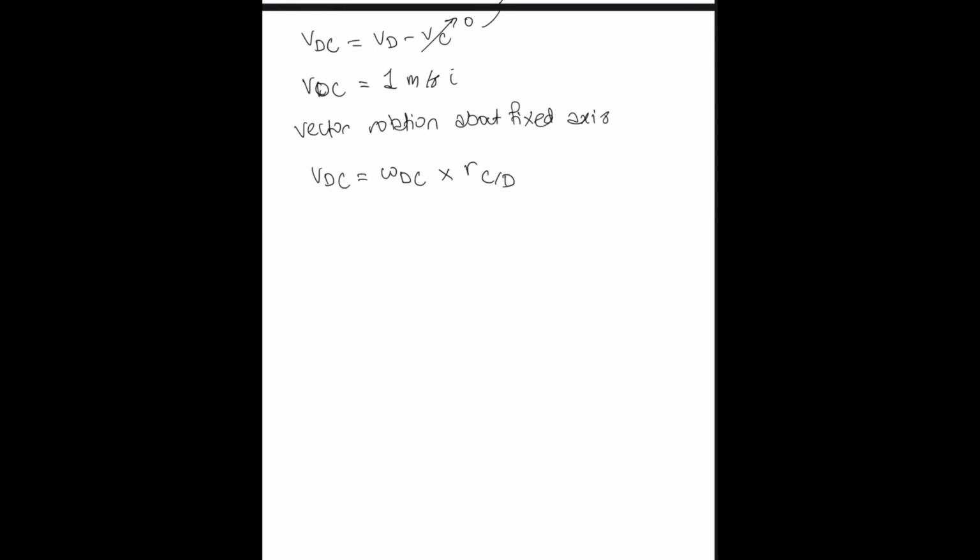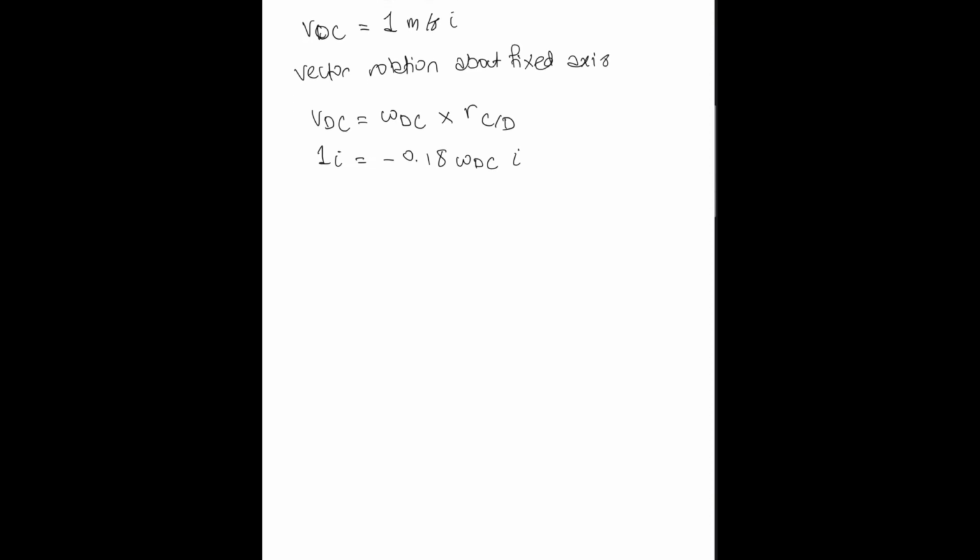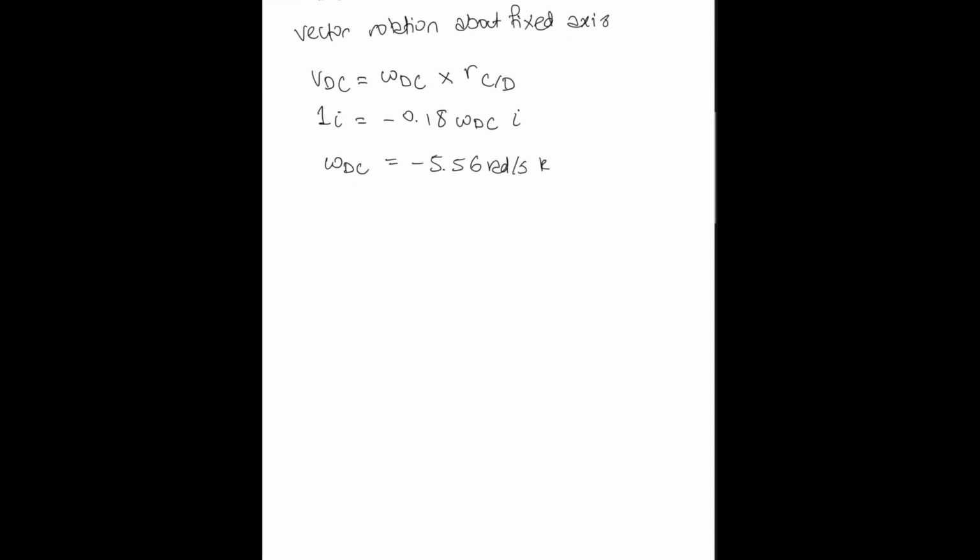And once we plug in our known values and do the cross product, we know that 1i is going to be equal to minus 0.18 omega DC i. So that's going to give us the value for the angular velocity of DC, which is minus 5.56 radians per second in the k direction. Now we're going to do the same thing with VB.